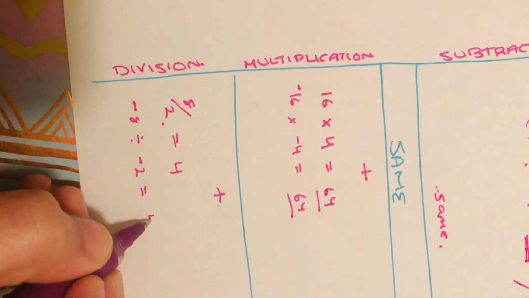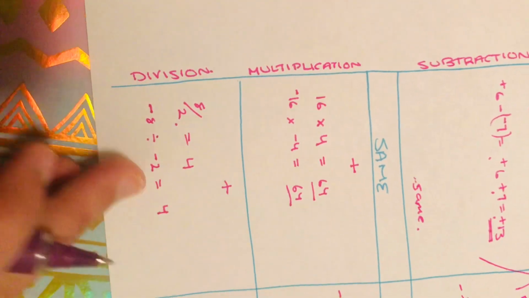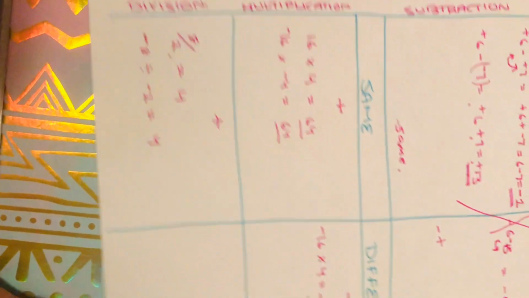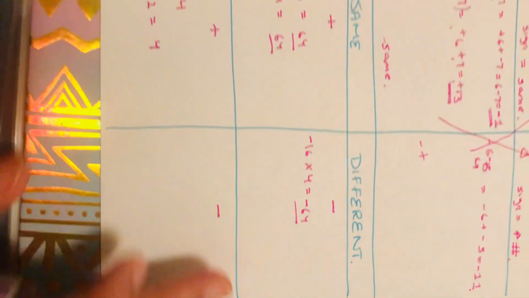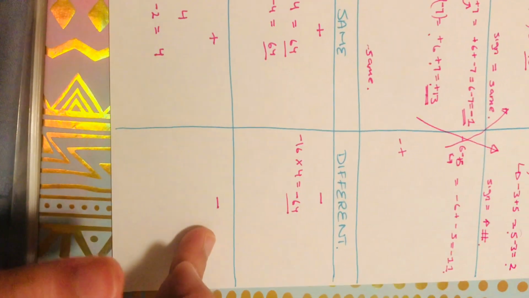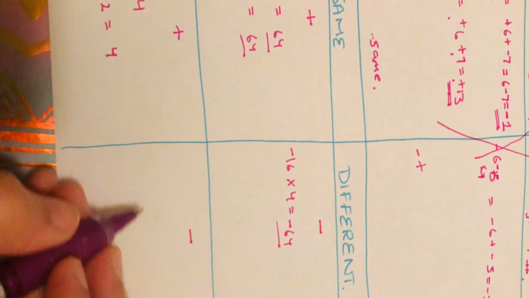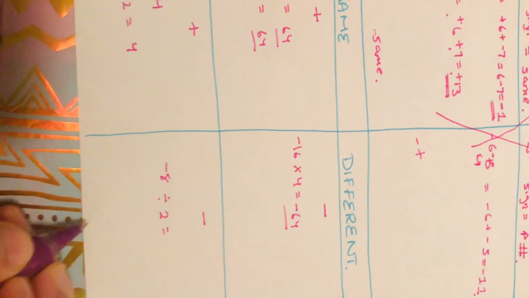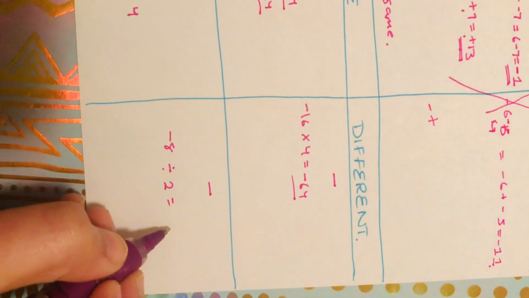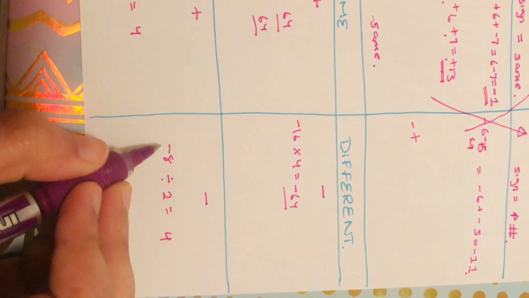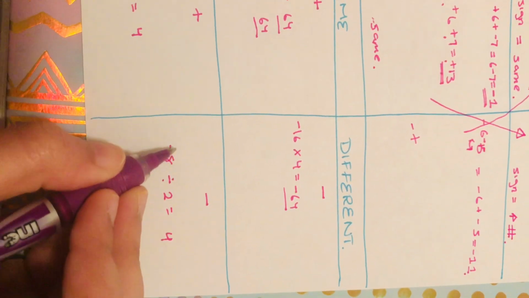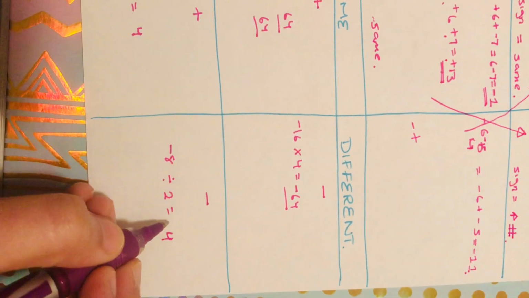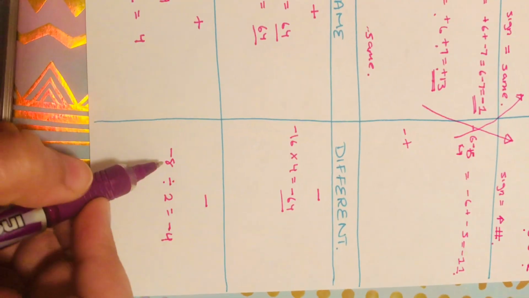That's still going to be positive 4, because both numbers have the same sign, right? But what if the signs are different? The answer will be negative. For example, negative 8 divided by positive 2. So you divide it normally, but you put the sign of negative, because both numbers have different signs, right?